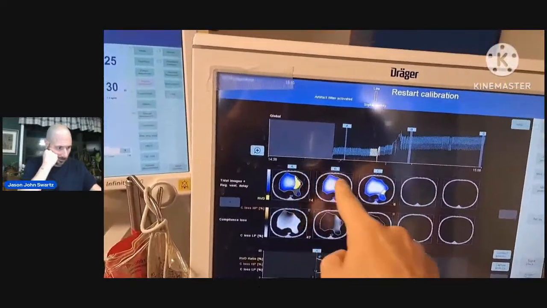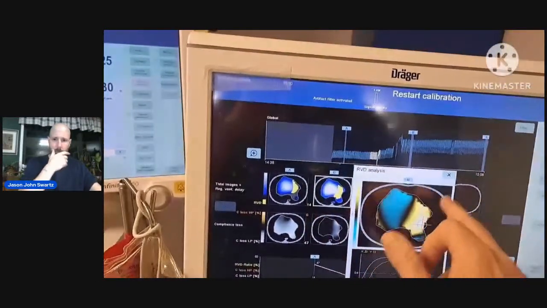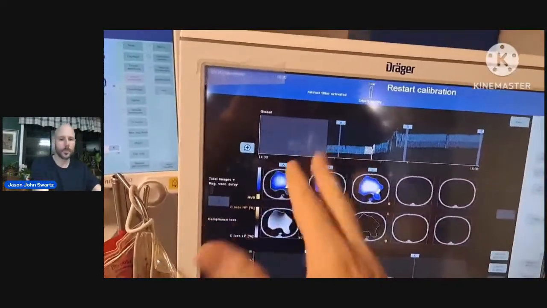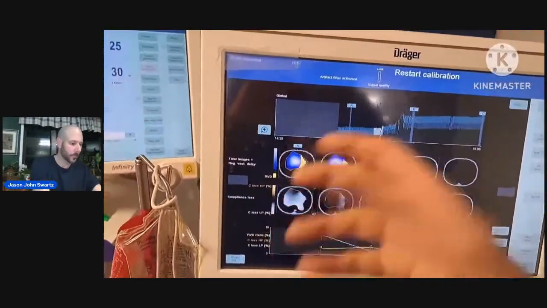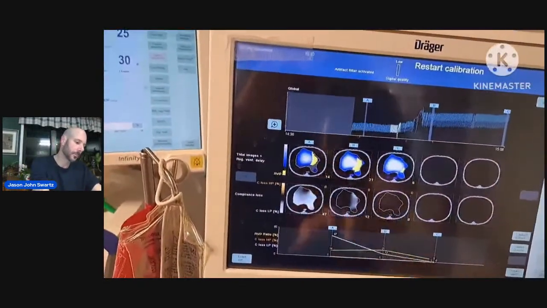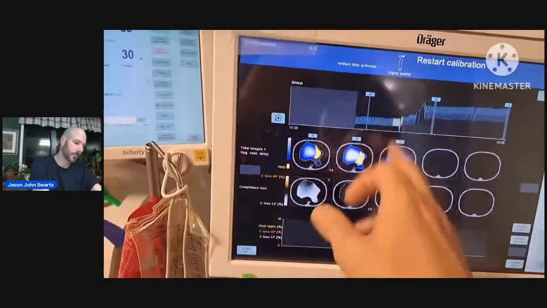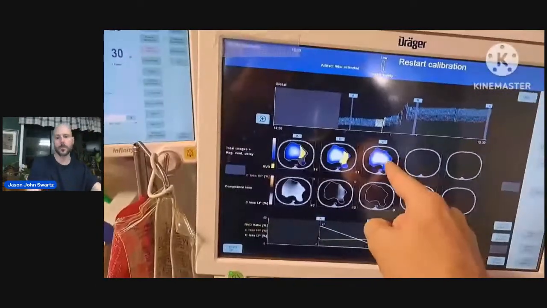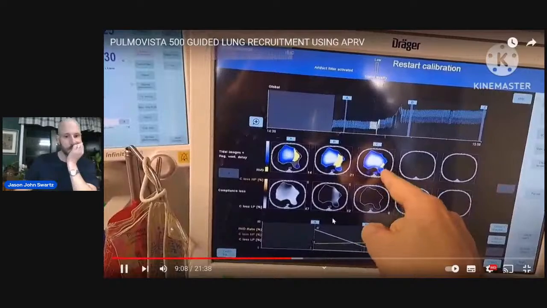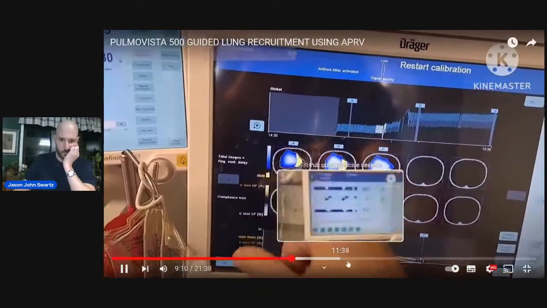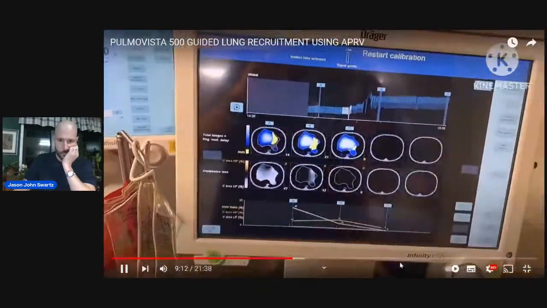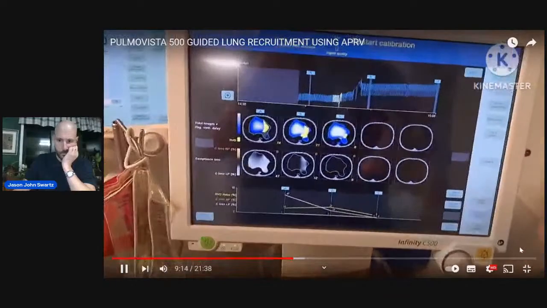We see the yellow here, this yellow area. We don't want yellow. It shows cyclical opening and closing, lung instability, puts the lung at risk. We see here that now that we're at a P high of 30, we have a reduced cyclical opening and closing from 21% down to 6%. So everything is optimal here.